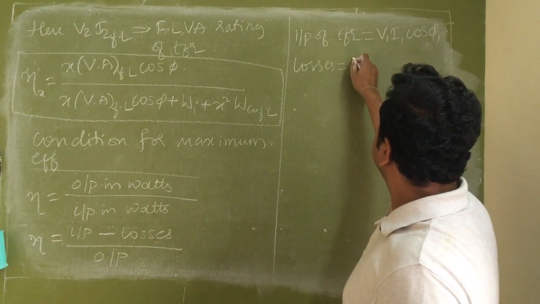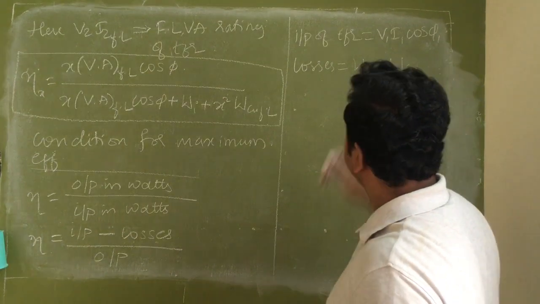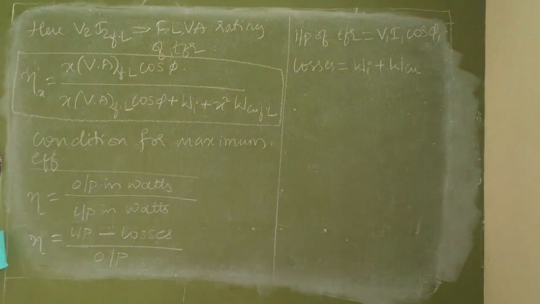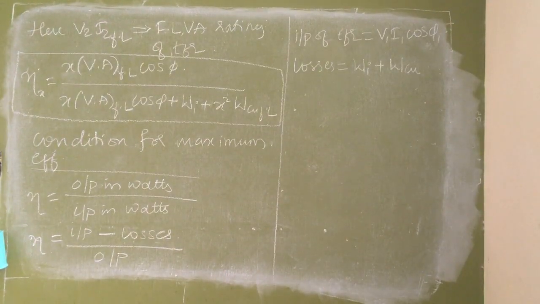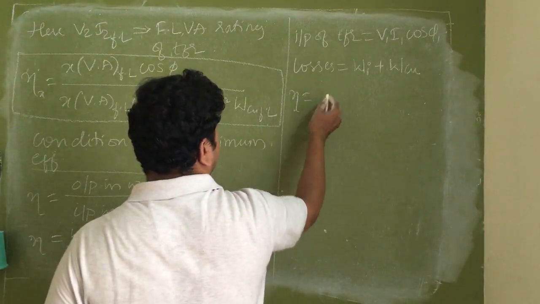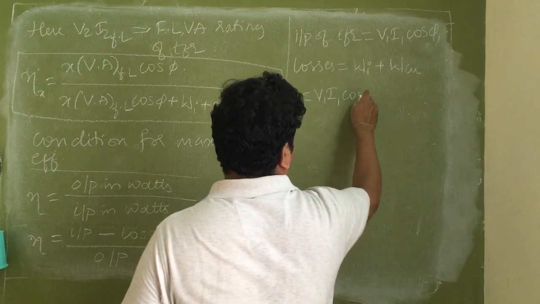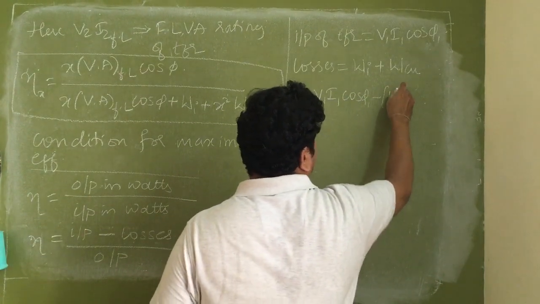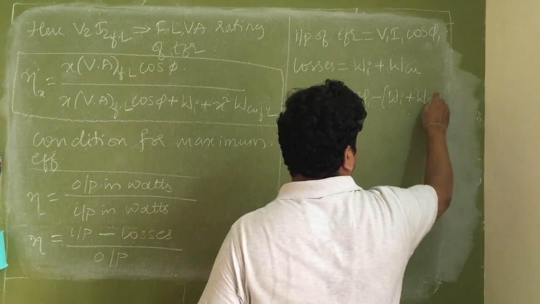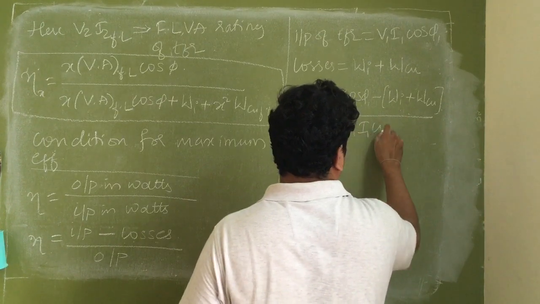Losses are equal to Wi plus W_cu. Now I will enter it here. Efficiency is equal to V1 I1 cos phi 1 minus (Wi plus W_cu), upon V1 I1 cos phi 1.